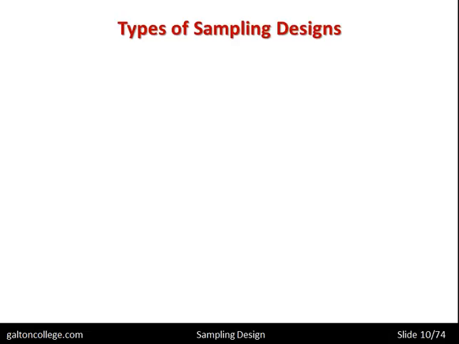Now the types of sampling design. Well, we have probability sampling, which we would call random sampling. A random sample is when every element in the population has an equal probability of being selected for the sample.